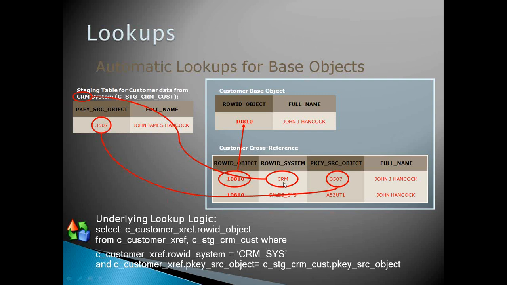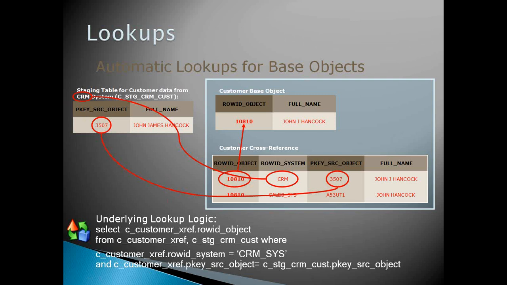And if it is not able to find this combination, suppose we are passing 3508 as a PK source object from the staging table, because in the staging table we have this PK source object column. We had discussed that this PK source object column from the staging table gets stored in the cross reference table.